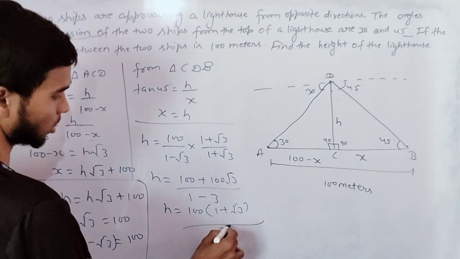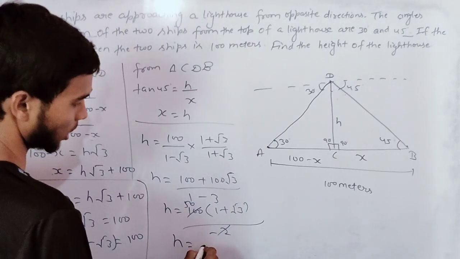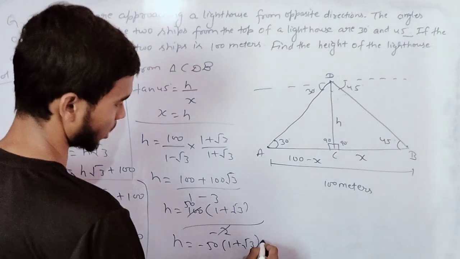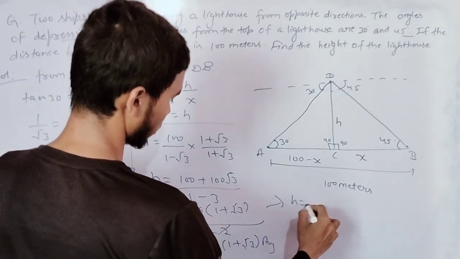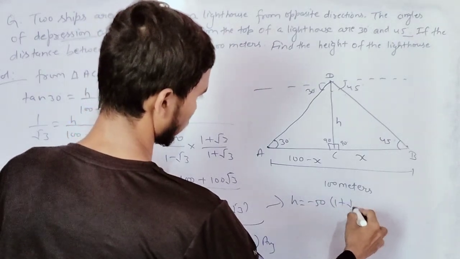So minus 50 into 1 plus root 3 came as the answer. The answer is h equals minus 50 into 1 plus root 3.